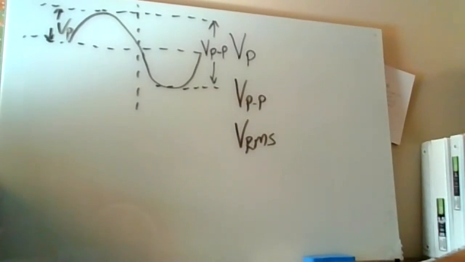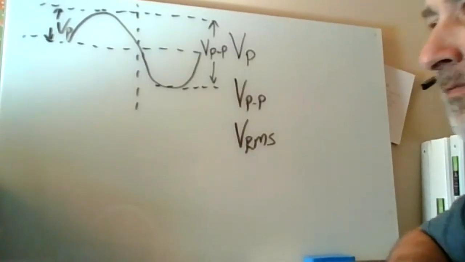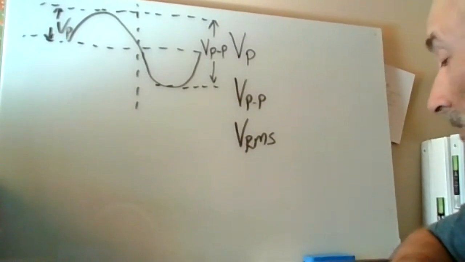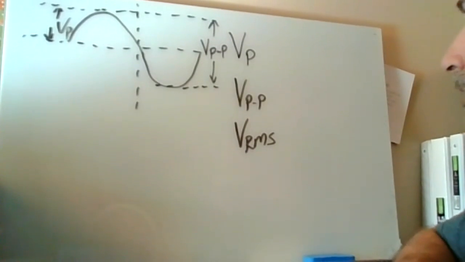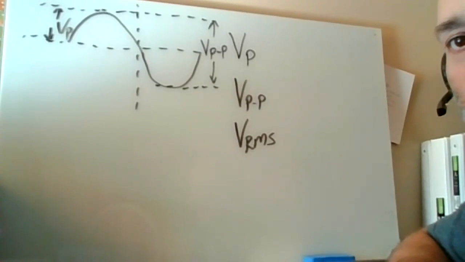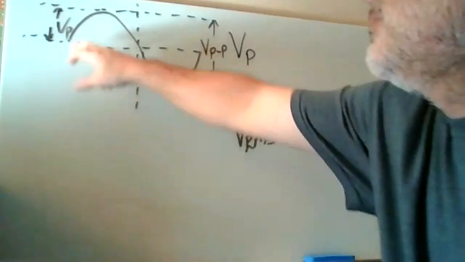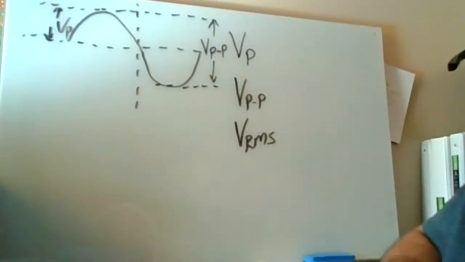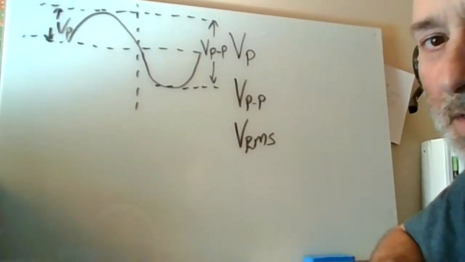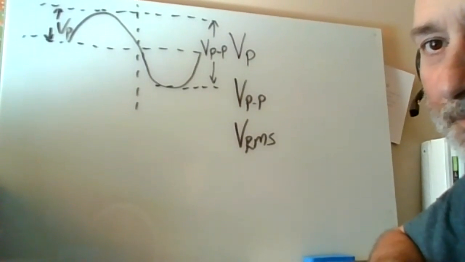Because if I give you volts peak, I may want you to give me the peak-to-peak voltage, or I may want you to give me the VRMS voltage. So we have to learn how to do them. If I give you volts peak, the way we get peak-to-peak is we just double it. If I go up 5 here, I have to go down 5 here. So if my volts peak is 5 volts, my volts peak-to-peak has to be 10 volts. Everybody see that?